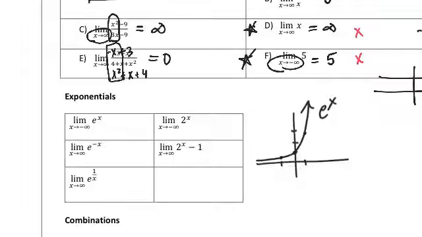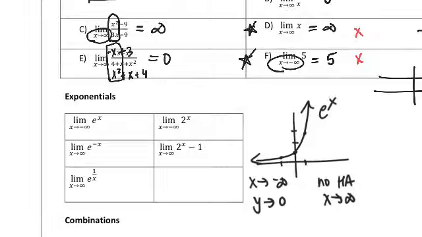So there's no horizontal asymptote on the right as x goes to infinity. As x goes to negative infinity, y goes to 0, right? Because we have a horizontal asymptote right here along the x-axis when x goes to negative infinity. So this first answer is 0.